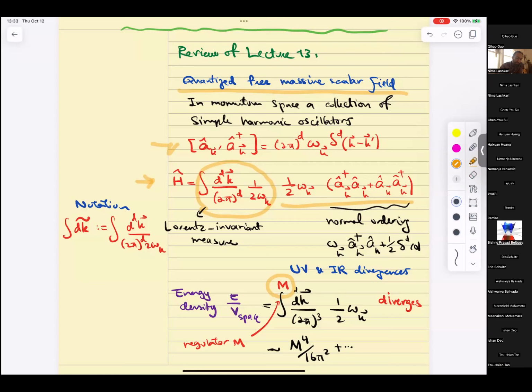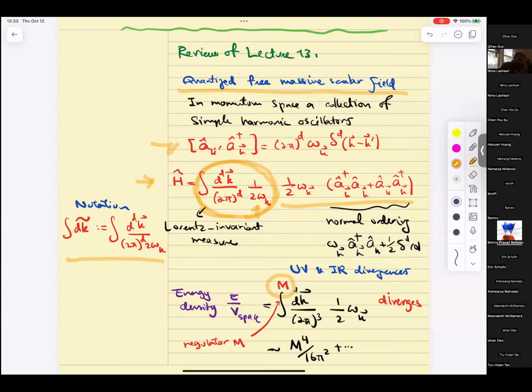We mentioned that this combination in the integral, this measure, is a Lorentz invariant measure. I was intentionally keeping this 1 over 2 omega k in the denominator all the time, just to write down expressions that remind you of Lorentz covariance.